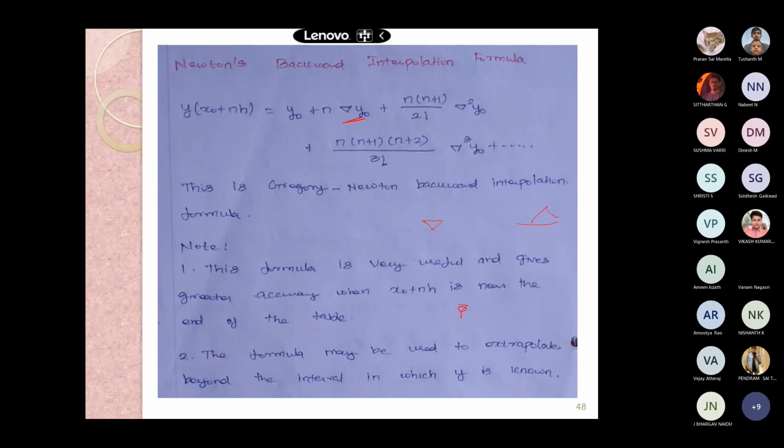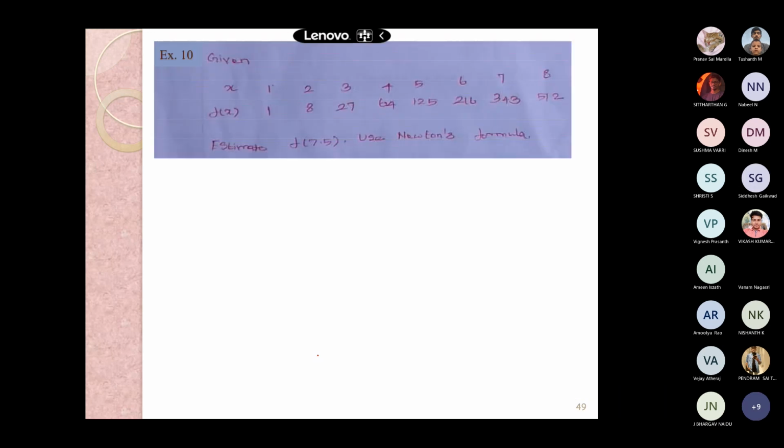This is the Gregory Newton backward interpolation formula. This formula is very useful, and gives the greater value, when the required data is nearer to the end. The formula is used to extrapolate beyond the intervals in which y is known. So we'll try to solve this particular problem in the Monday class, and hope you don't have any query.